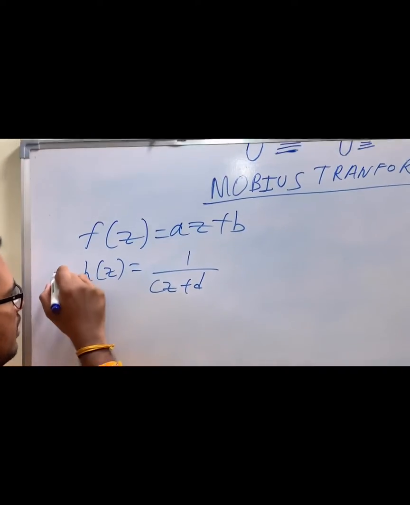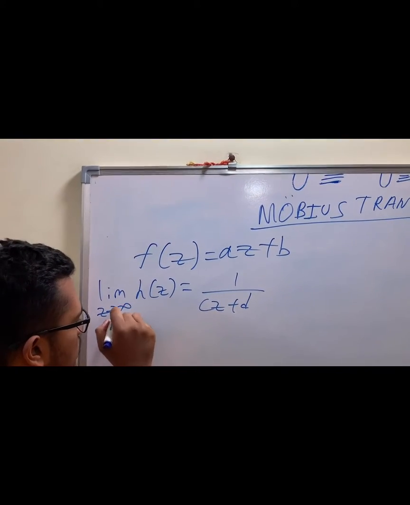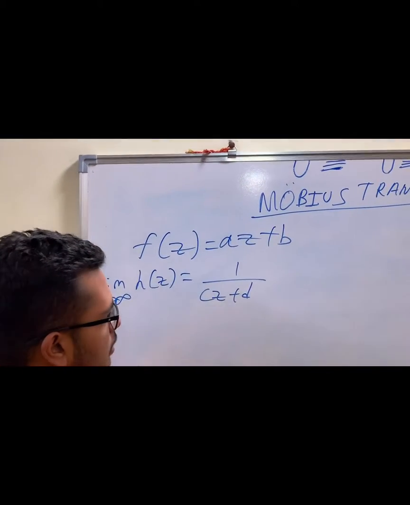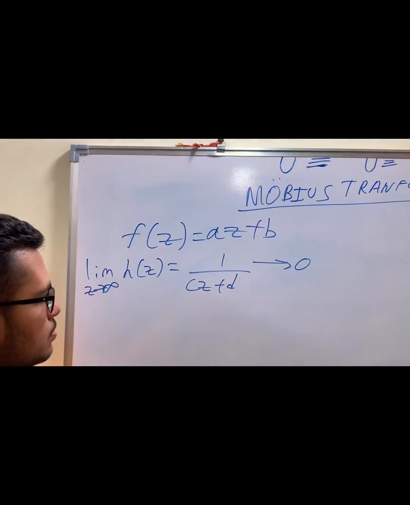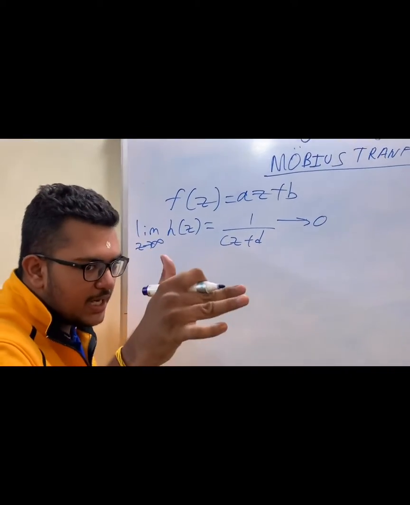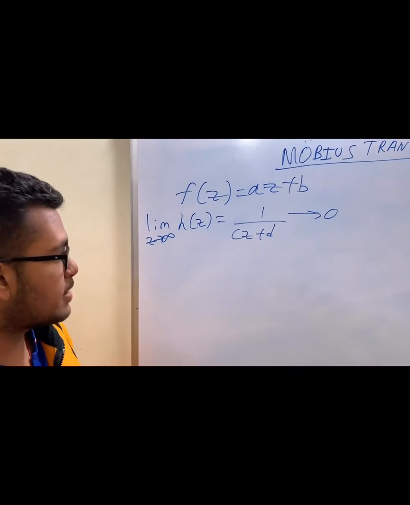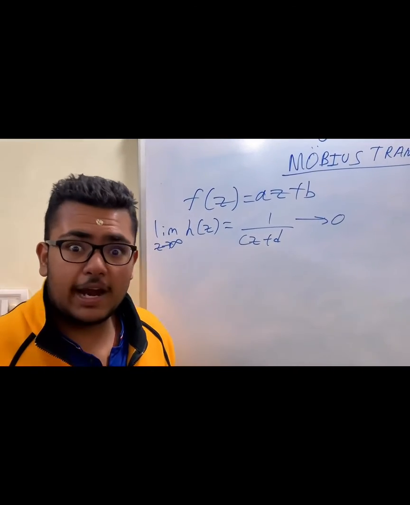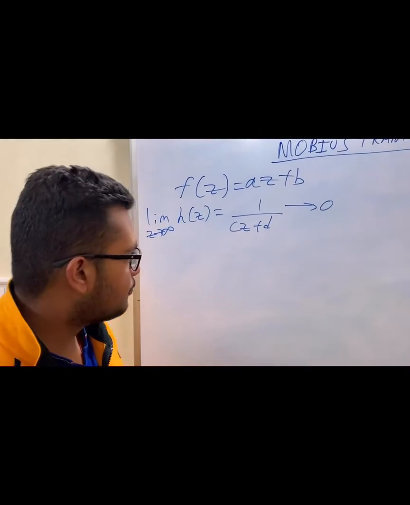That is to say, if you take the limit as z tends to infinity of h of z, this tends to 0. So this map maps points at infinity to 0. The crux of the matter is that this map maps points at infinity to a finite point. That's a very good thing to have.